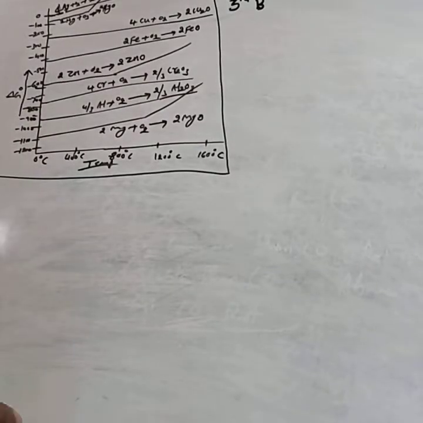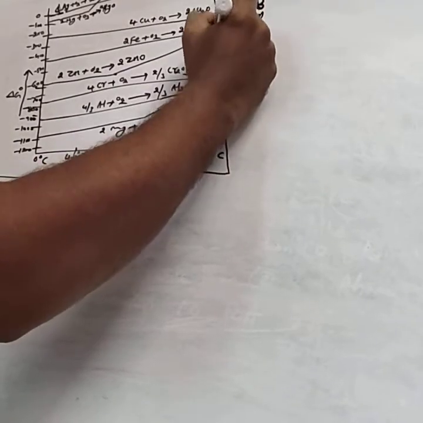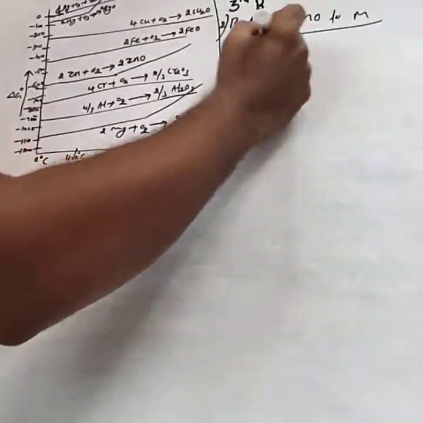Hello students, in this class we will discuss the second step involved in the extraction of crude metal, that is reduction of metal oxide to metal.